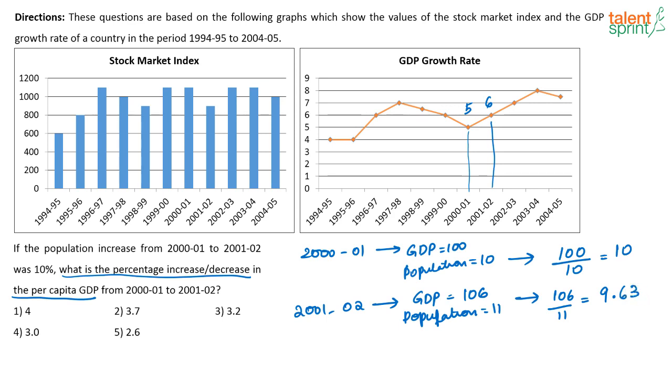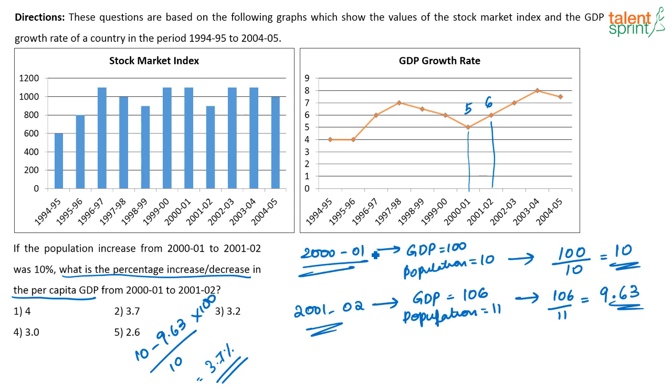What is the question here? What is the percentage increase or decrease in the per capita GDP? The per capita GDP has actually decreased. In the year 2000 when it was 10, now it has become 9.63. So the decrease is 10 minus 9.63 divided by 10 into 100, which is approximately 3.7%.